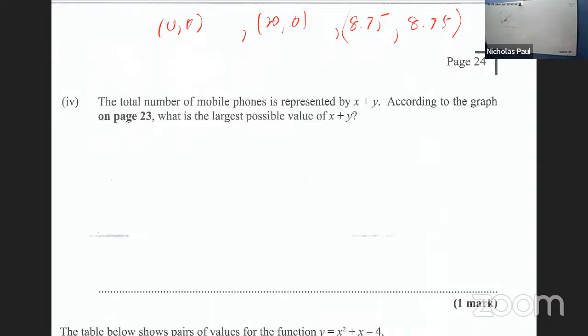Next. You have to figure out which one will give you the maximum. Please learn to work out all of them. I know some of you are doing it in your head, but you have to work out all and then select the one that gives you the maximum.